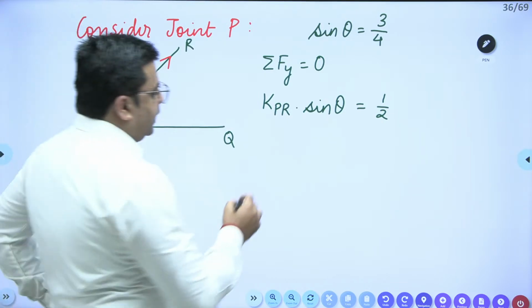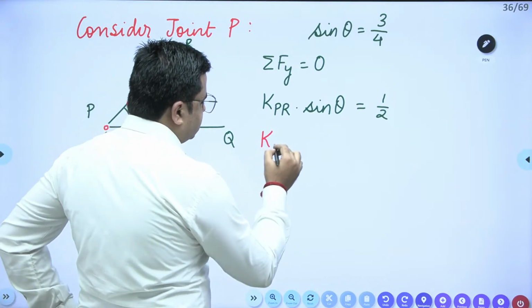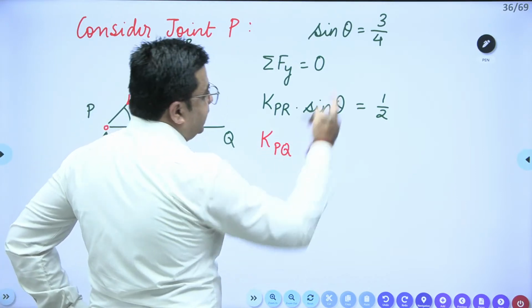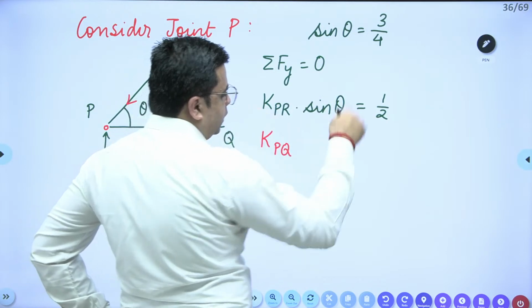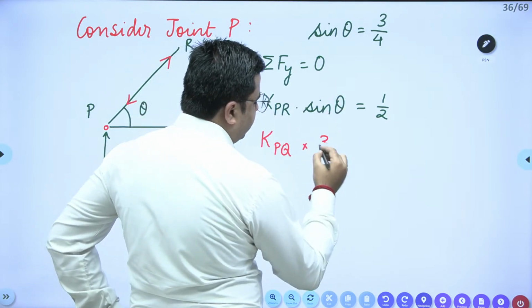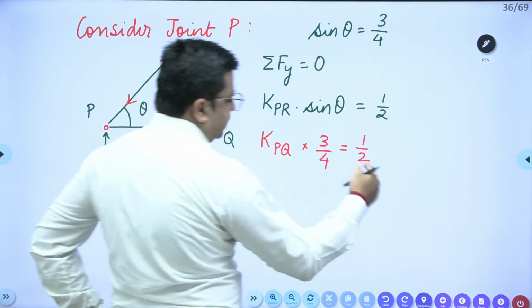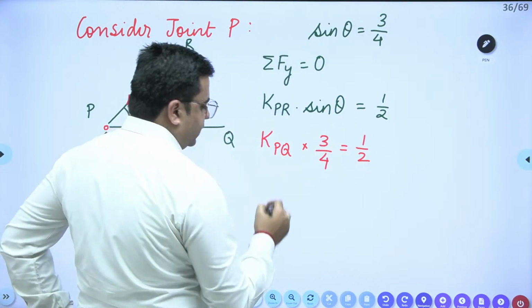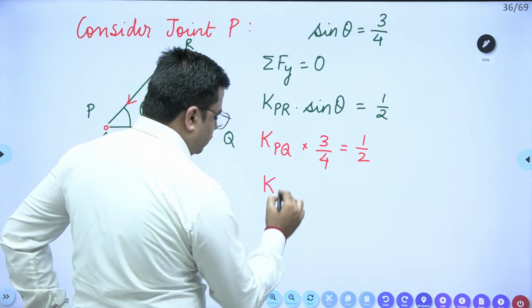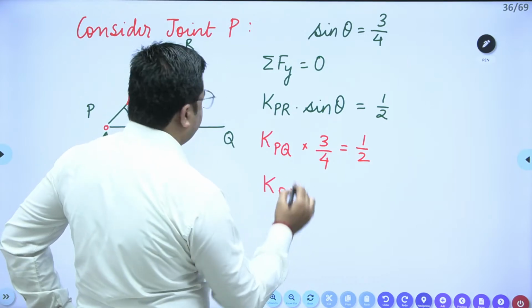So this KPR, sine theta is 3 by 4, so into 3 by 4 is 1 by 2. So it comes out to be 2 by 3. This is KPR.